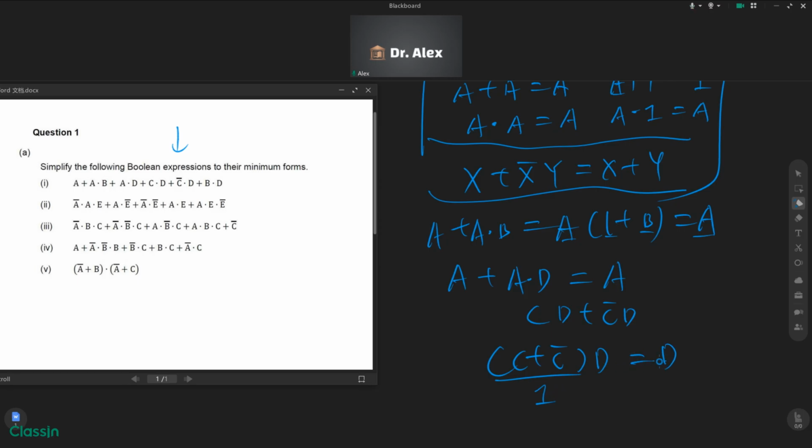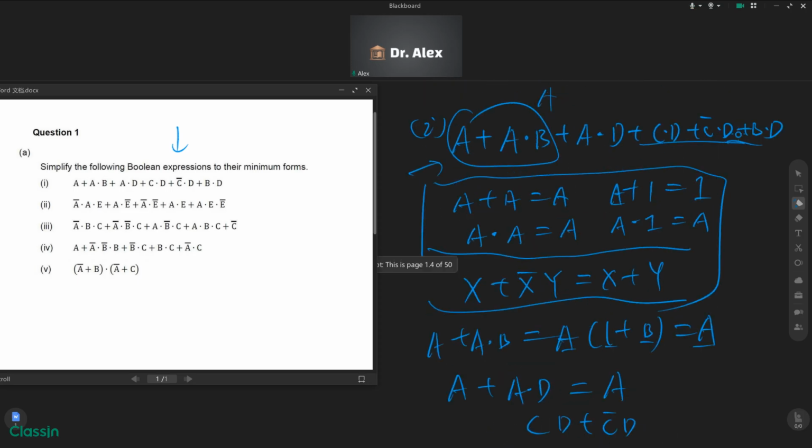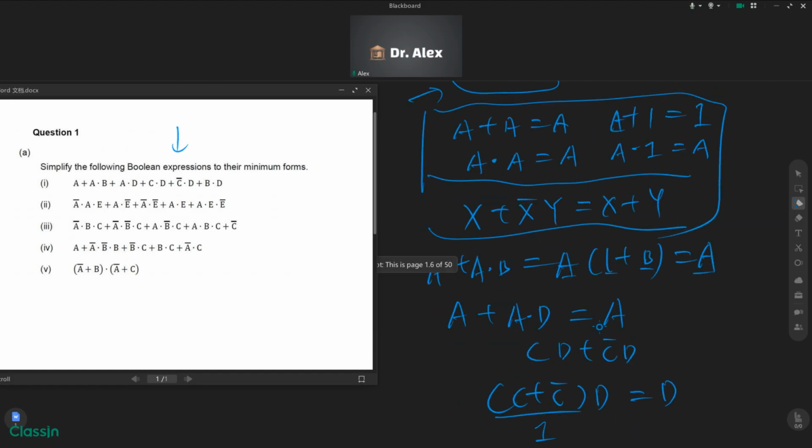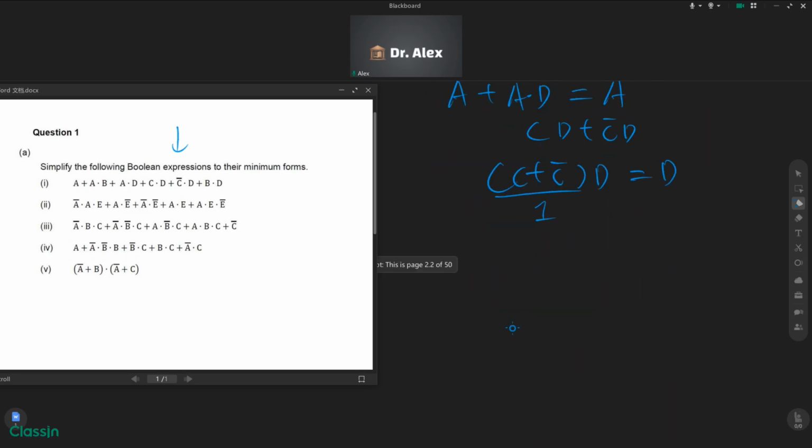So it is D. And we just need to use D plus B and D. Similarly, it should be D, because D plus BD equals D times 1 plus B. This is always 1, so it's D. So the total result for the first equation is A or D.